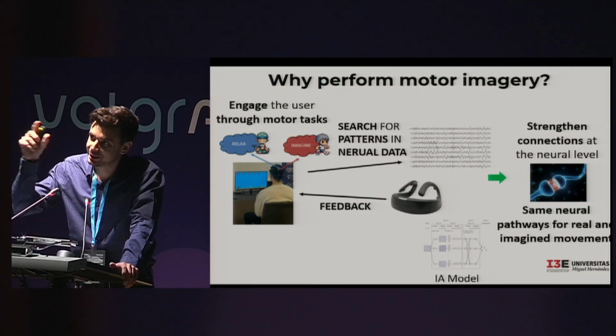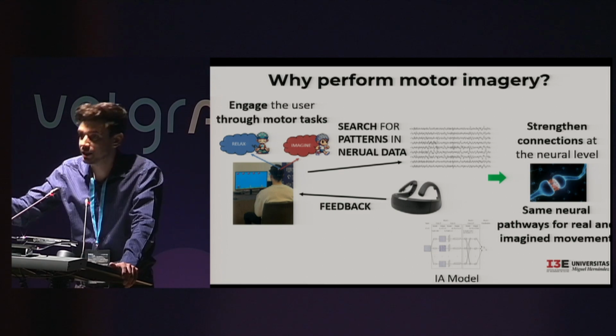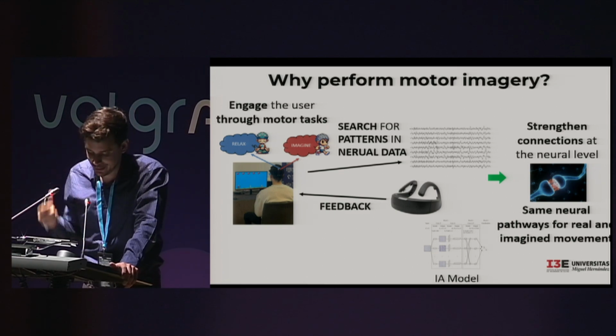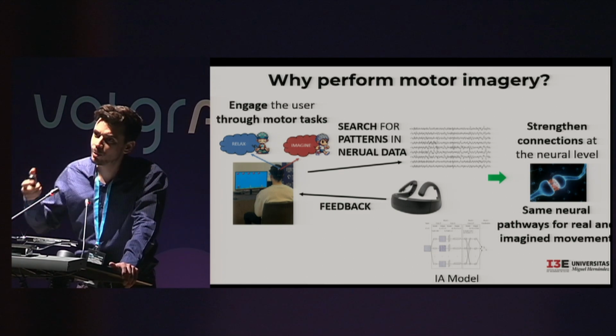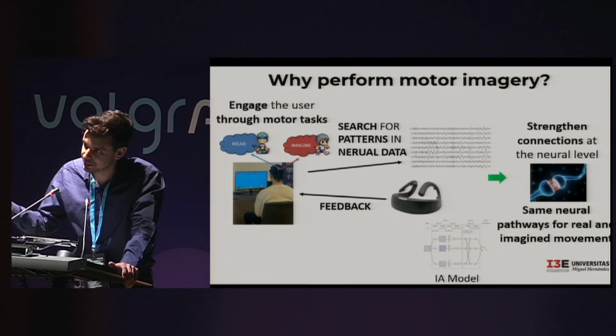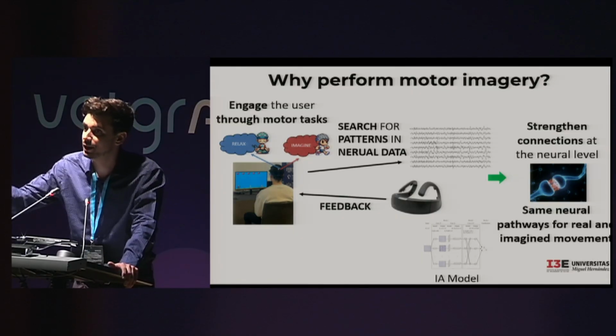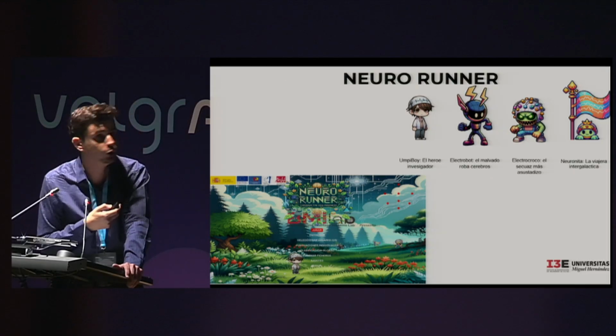So we are activating the same pathways with motor imagery and with the real movement. In this way, we are promoting the neuroplasticity mechanism to improve the neural activity and consequently improve also the motor function of the patient.